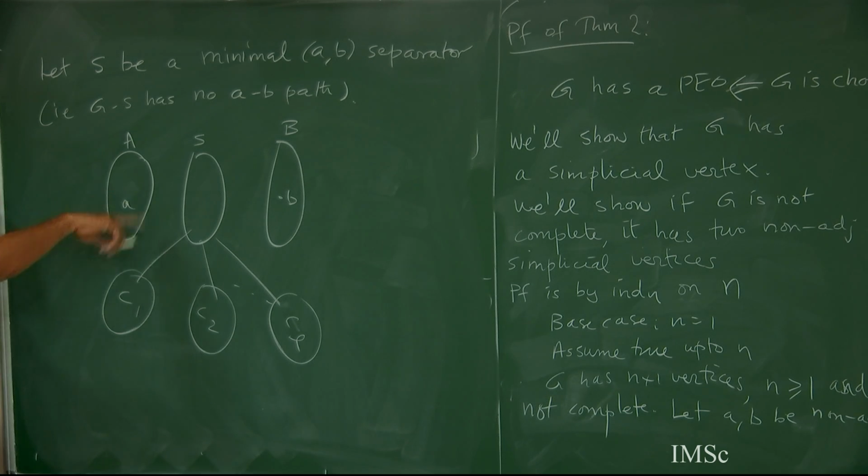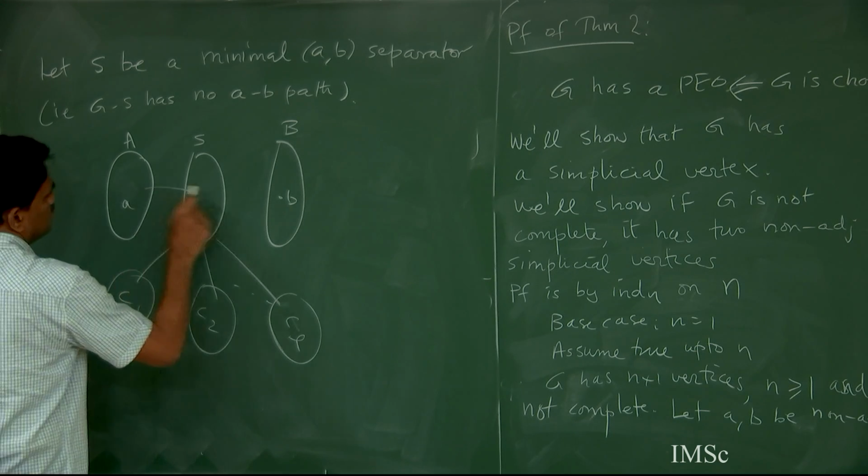Capital A is a component containing A, and capital B is a component containing B, and there may be other components in G minus S. Now we are going to apply induction. So these are all components.